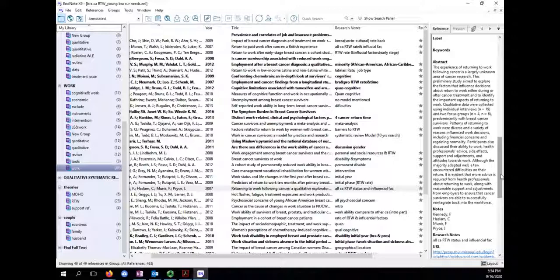And the gap would be, there's no clarification of how and what factors influence women's return to work, because each study has different outcomes. So what you would do is synthesize the evidence from all those studies that you find.